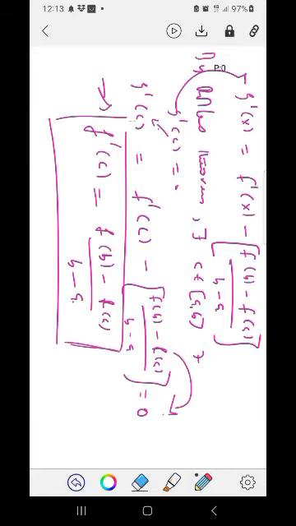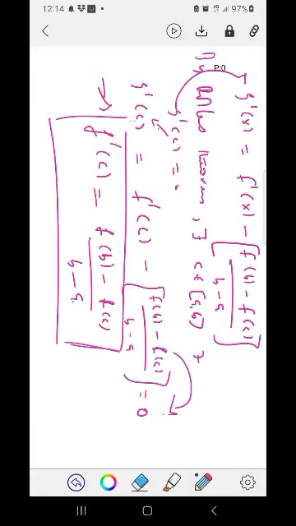We want to show that there is a point between A and B such that the derivative of f at that point C will be the same as the gradient of a secant, that is a line that runs across the entire length of the curve.